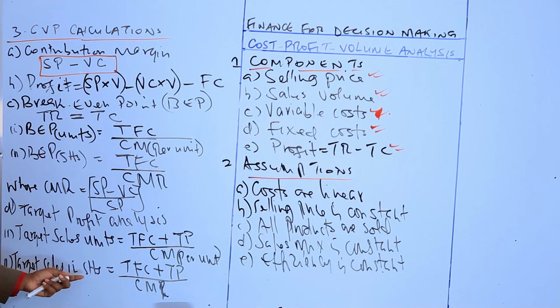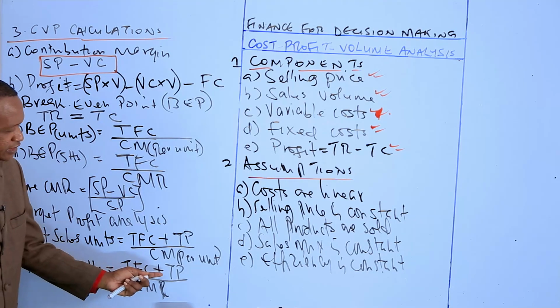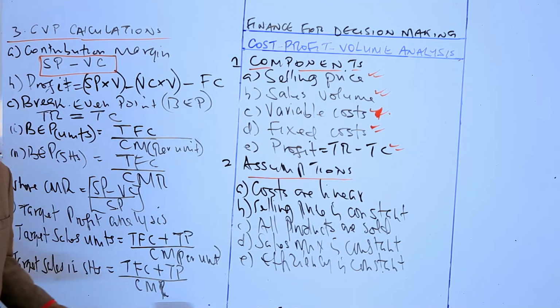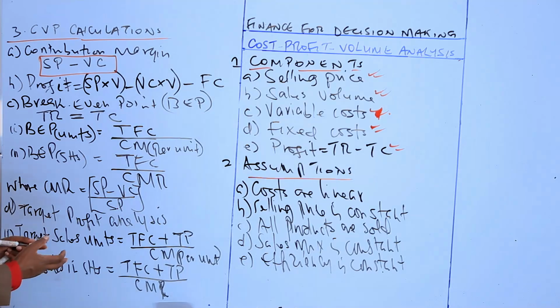So target sales in shillings is equal to the total fixed cost plus the target profit divided by the contribution margin ratio. So these are the formulas we may use in CVP analysis.